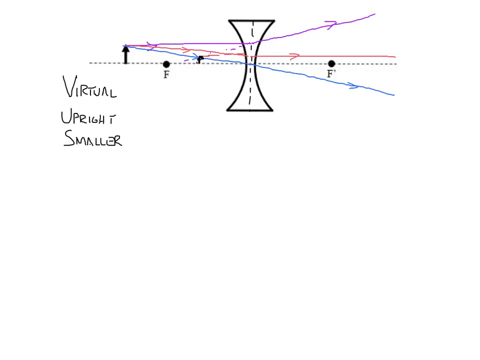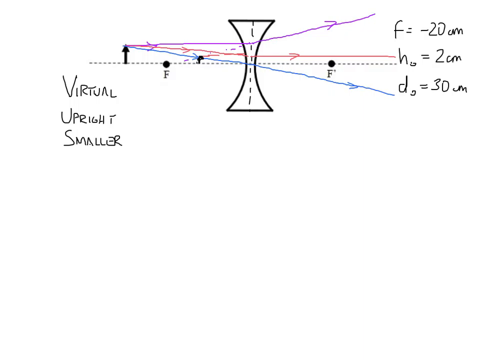So we can write down the things that we know. The focal length was given as, because it's a diverging lens, it's a negative focal length, so negative 20 centimeters. The height of the object is 2 centimeters, and the object is placed 30 centimeters from the lens.